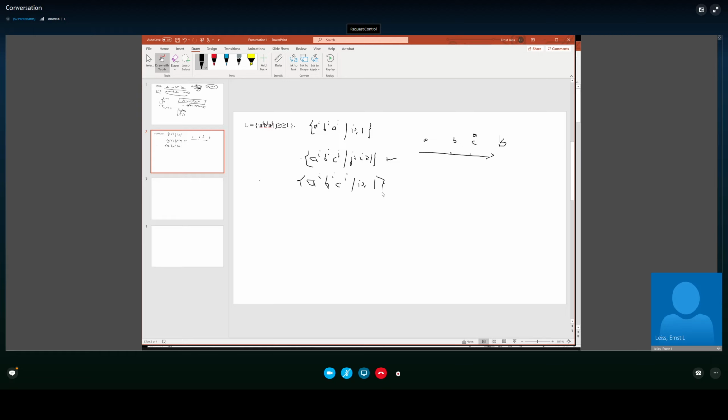And in this particular case, of course, since J is greater or equal to I, once you've matched up the A with the B and with the C, and then the next A with the next B and the next C, and so on, until you get to the last A, the last B, and the last C, this is where things work a little differently.